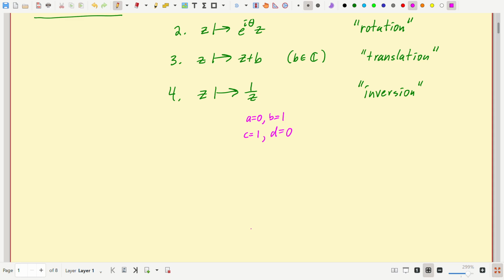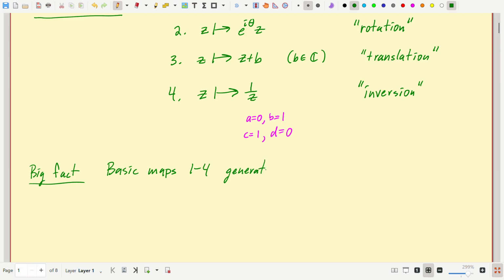Well, the reason we can understand these mappings so well is this big fact: the basic maps 1 through 4 generate the LFTs. I'll say what I mean by that in a second.